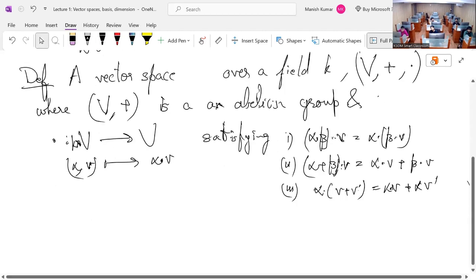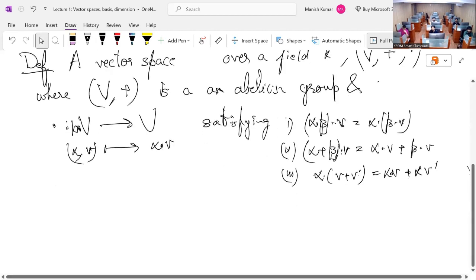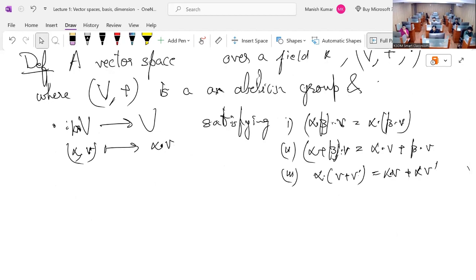Okay. And then the fourth condition is that one dot v is equal to v.